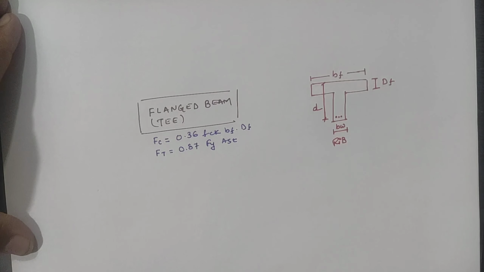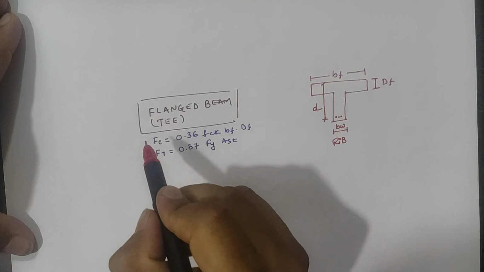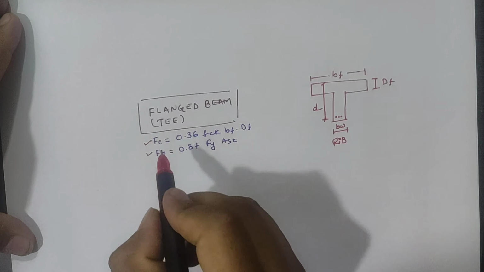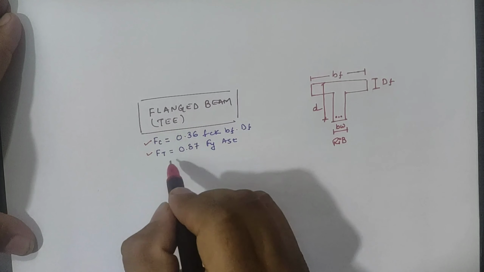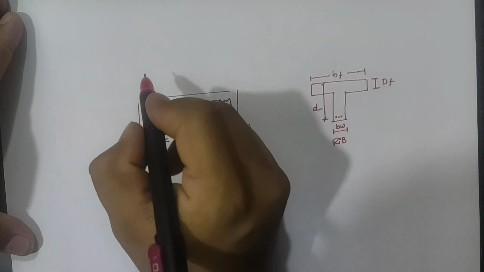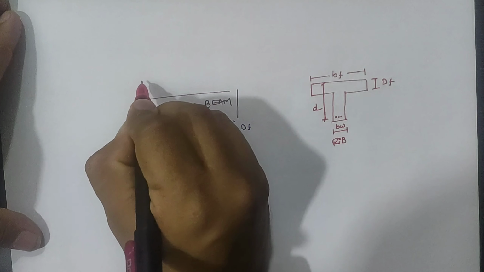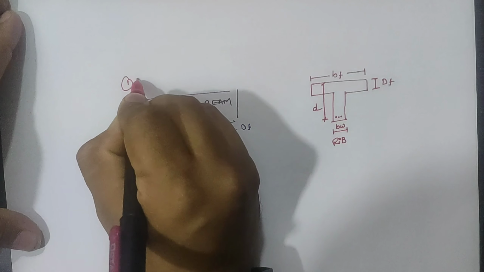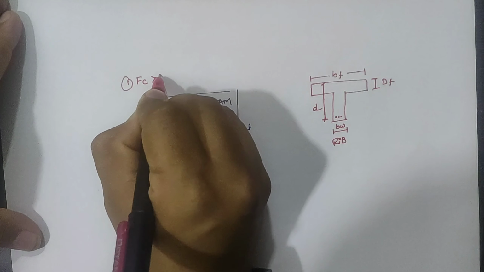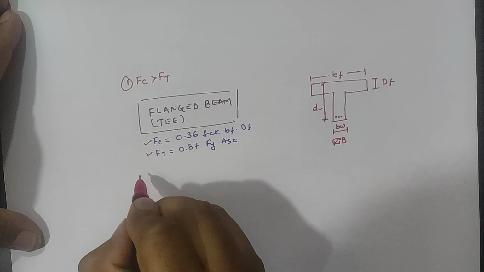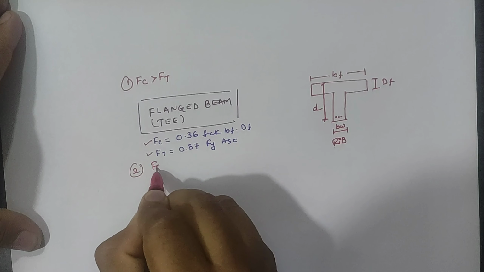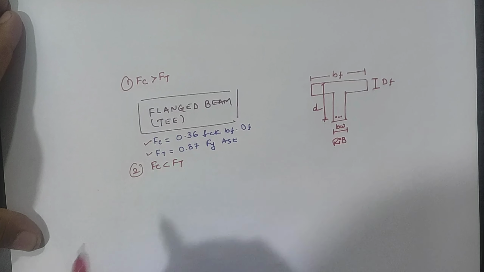First we have to find these two values and relate Fc and Ft in terms of greater and lesser value. The first case is Fc greater than Ft, and the second case is Fc less than Ft.